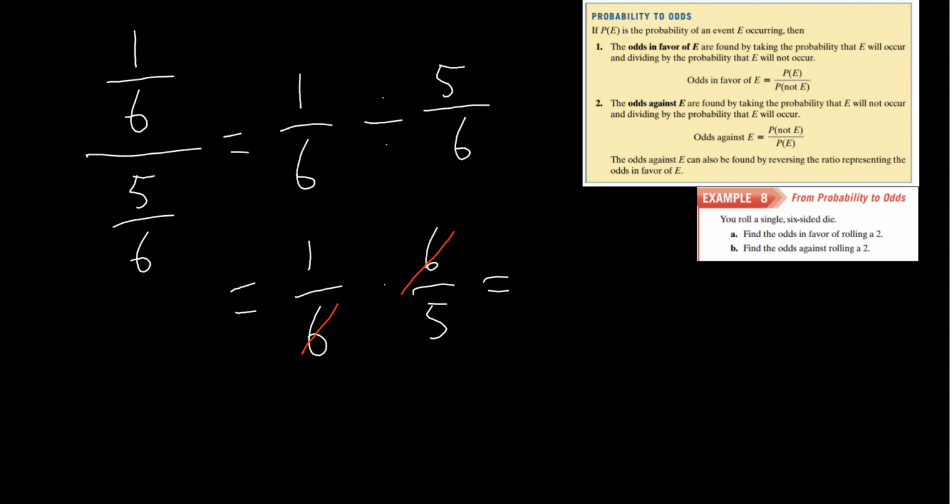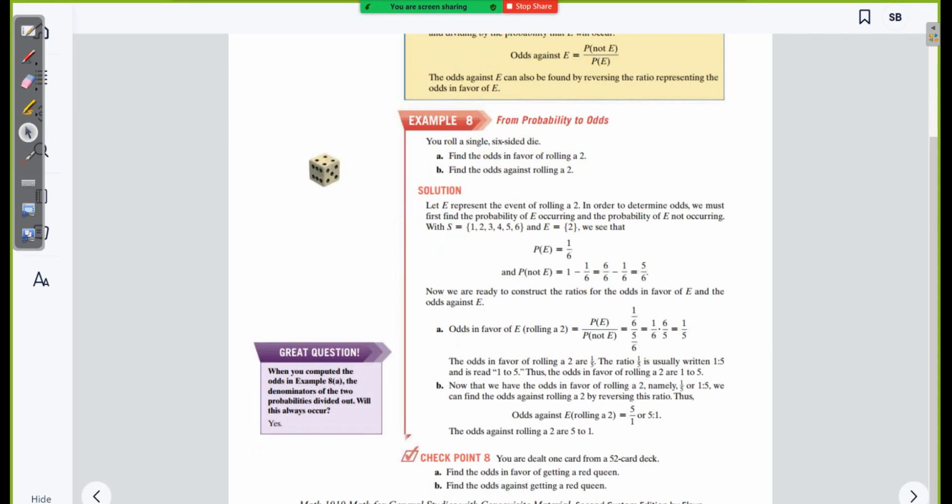Anyways, doing the arithmetic here, my sixes cancel, so it just becomes, we'll put it in green, 1 over 5. So the odds in favor of rolling a 2 are 1 to 5, is how it would be read. Let's go ahead and let the textbook say it more succinctly.